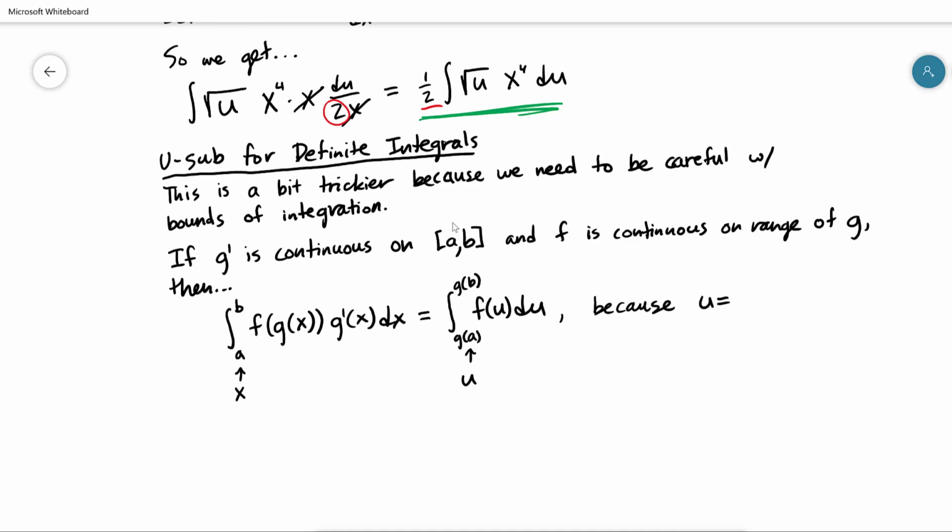Because, again, we're letting u be equal to our g of x. So what I mean is we've changed from the variable x to the variable u, and this changes the bounds. It kind of transforms the whole picture.